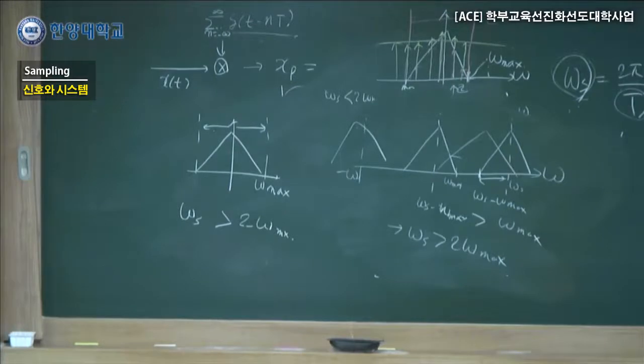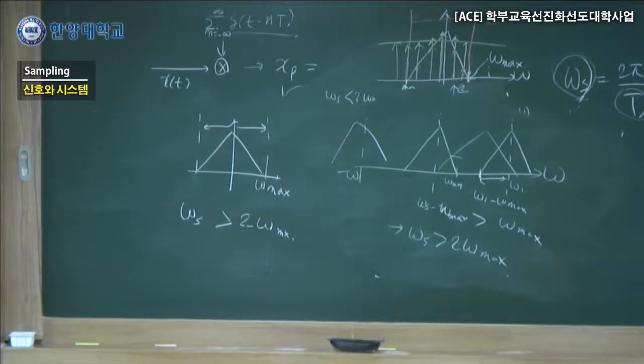That's what we have learned. And then, how can we find this original signal from this converted signal? If you have this kind of low-pass filter, with amplitude T for scaling purposes, then we can just take out the central one to get the original one.